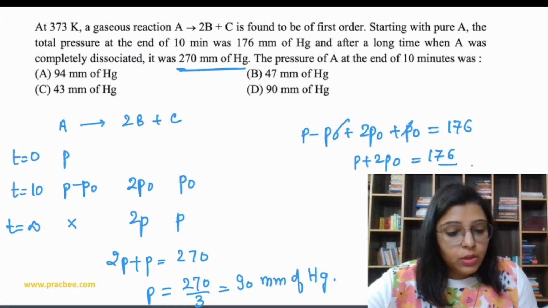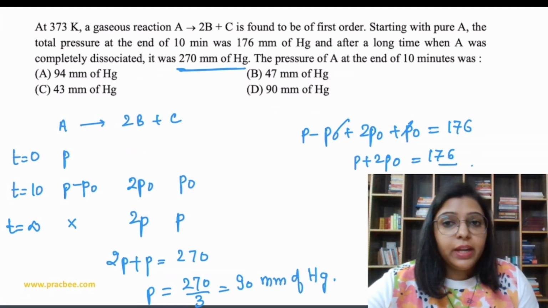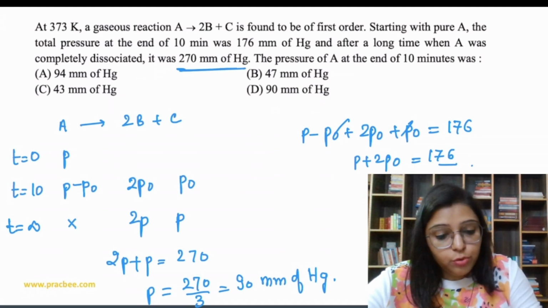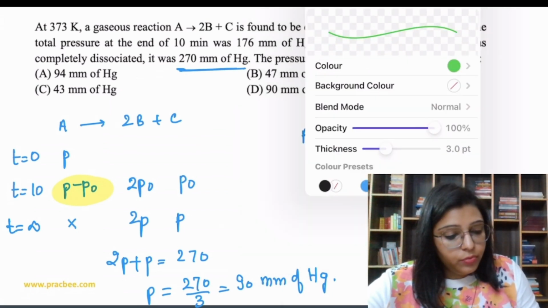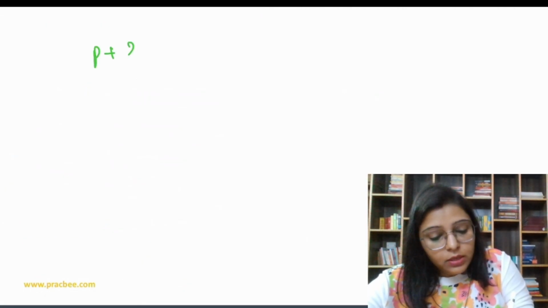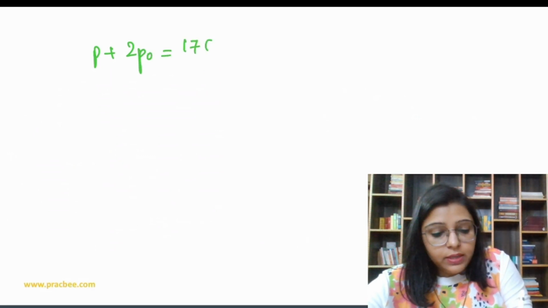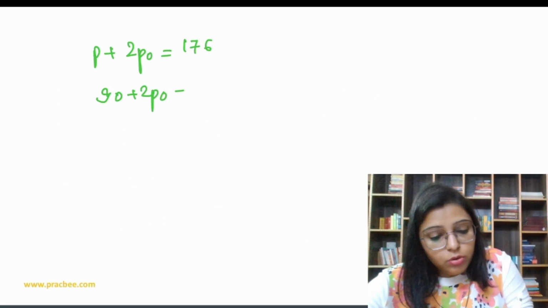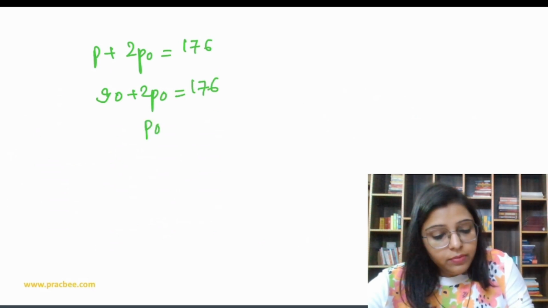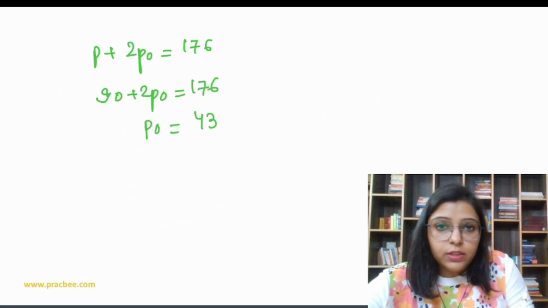Okay. So the pressure of A at the end of 10 minutes, it means we have to calculate the value of P minus P naught. First, we know that P plus 2P naught is equal to 176. P naught value we have to find. So P value is 90. So 90 plus 2P naught is equal to 176. From that, the P naught value comes out to be 43.